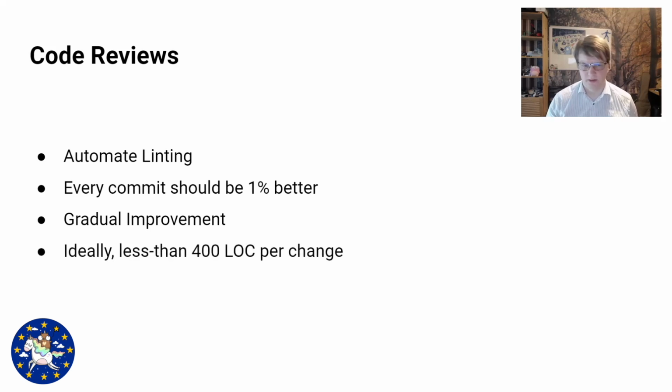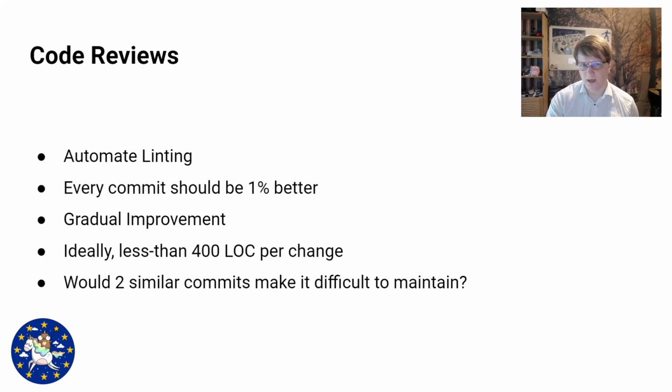So there's been some research by SmartBear suggesting 400 lines of code per change. That's the limit when the defect discovery rate starts to decrease rapidly. And it's useful to think whether two similar commits would make it difficult to maintain.